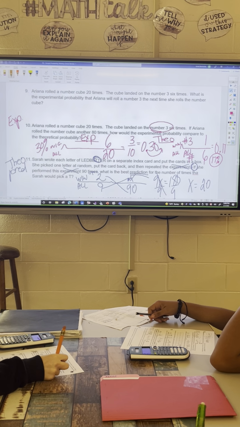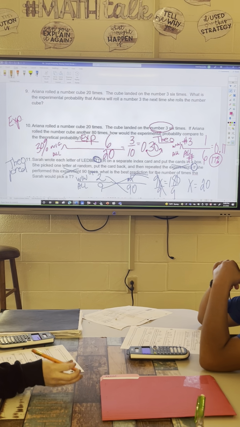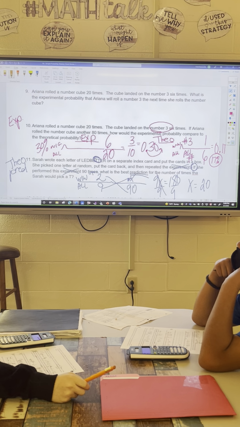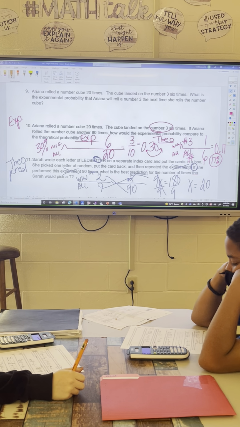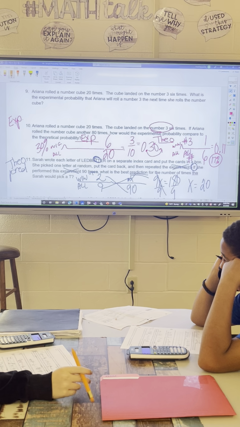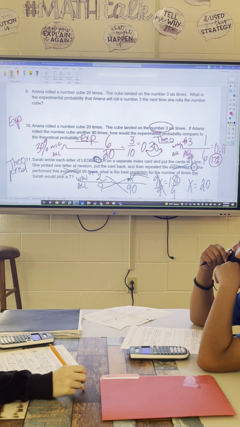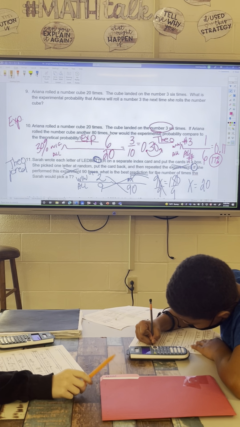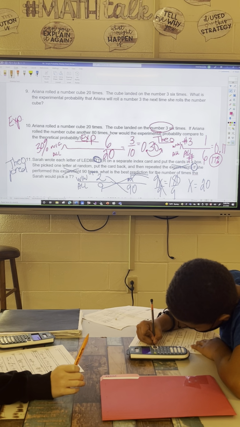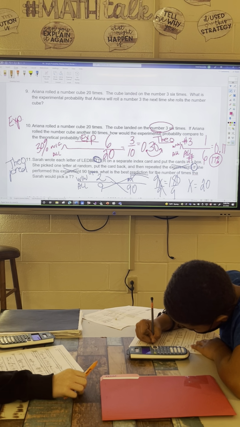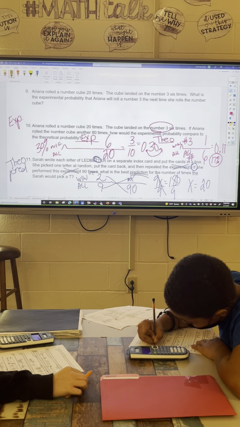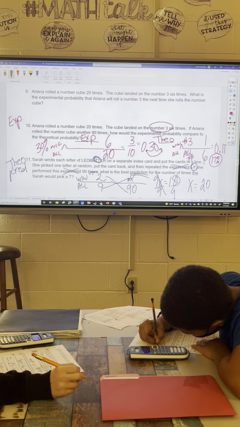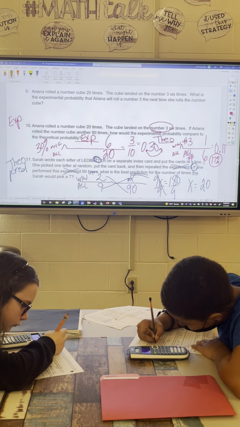But when she actually did it, she got it 30% of the time. So the theoretical probability is considerably less than the actual experimental probability. It's almost half, isn't it? 15% would be half. She got a 3 almost twice as much as what she should have gotten it. Okay?